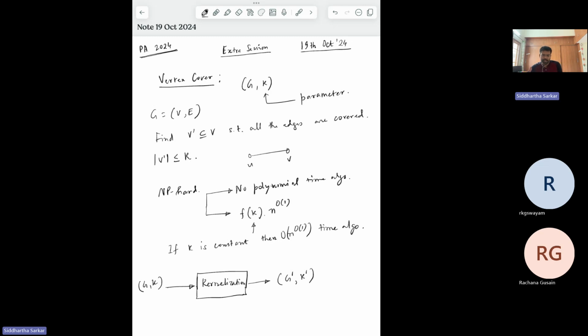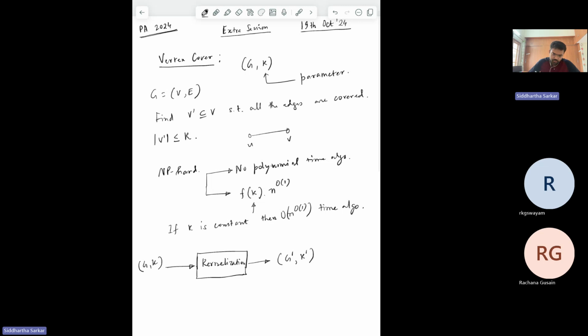From a graph which is given to you, obtain another graph in this case, and potentially the parameter can also change, so k can become k dash. But in the reduced graph, you will be able to solve the vertex cover problem, or any problem, quickly. We would prefer the reduced graph to have size polynomial in k.